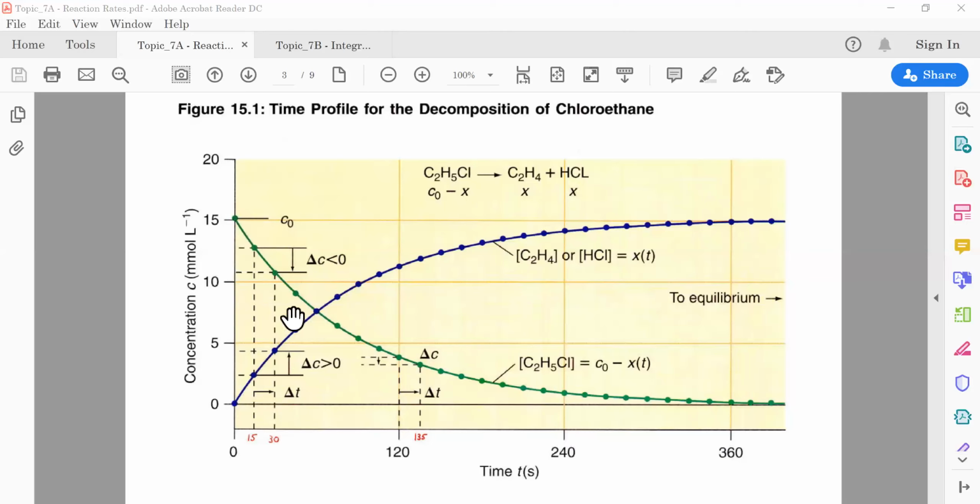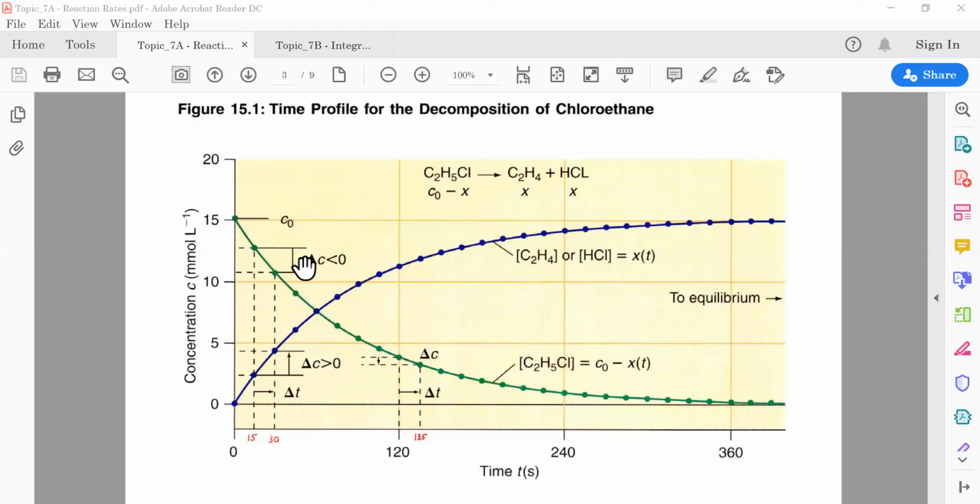And so the concentration of the reactant decreases with time. Here's that initial concentration of C0, which is 15 or slightly higher. So if we look at some particular time interval, let's say between 15 and 30 seconds, what's shown down here, the concentration amount of ethyl chloride decreases from this value to this value, whatever they are. And that is the change in concentration.